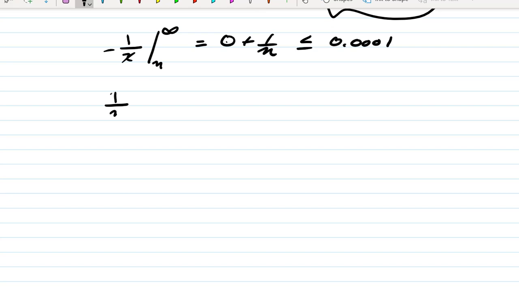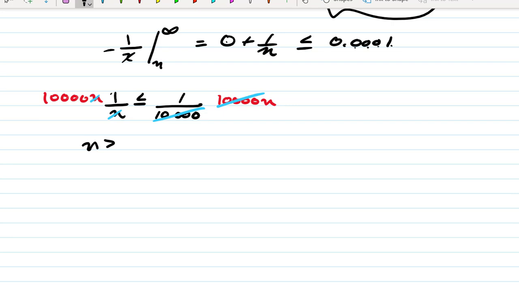So we need to solve this equation for n. We have 1 over n is less than or equal to tenths, hundredths, thousandths, 10 thousandths. So I'm just going to write it as 1 over 10,000. Then, if we multiply both sides of our equation by 10,000 n, here the n's cancel, here the 10,000s cancel, and we get n is greater than or equal to 10,000.